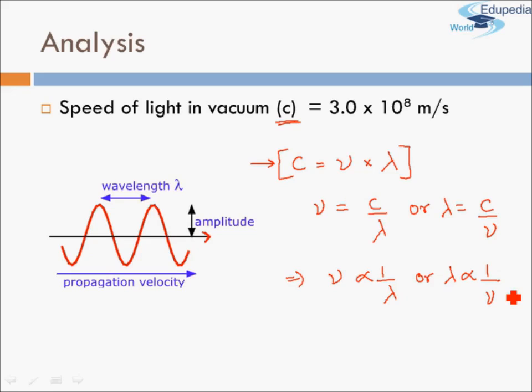Once you have their wavelengths, you can calculate their frequency by simply dividing the velocity of light, c, by the wavelength. So frequency or wavelength can be used to differentiate between different electromagnetic waves.